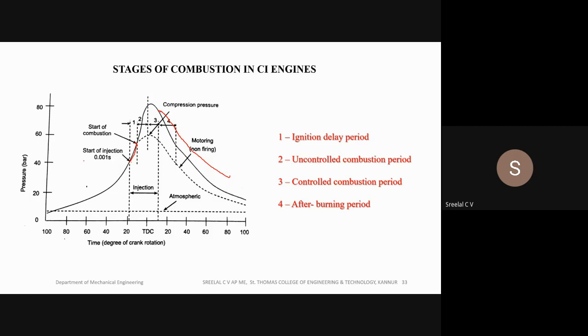So if this ignition period is more like this, that much amount of fuel will be given. Before the start of combustion, more amount of fuel will be there. More amount of fuel will be accommodated in the combustion chamber.